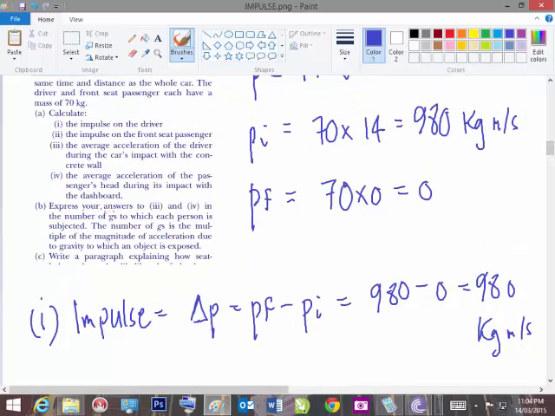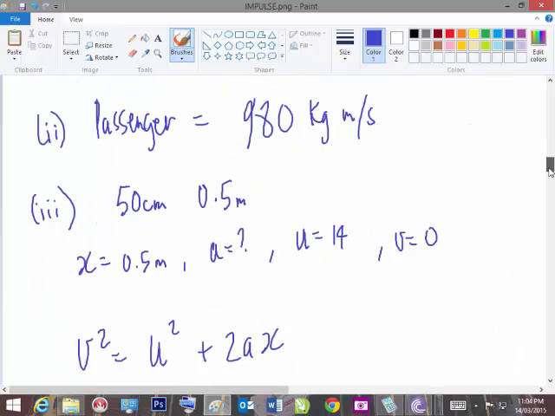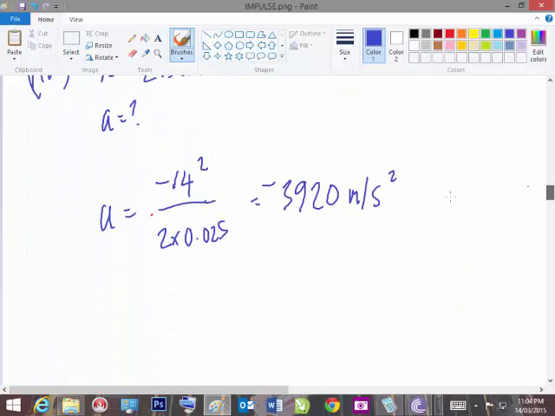Right, express your answers to questions 3 and 4 in number of g's to which each person is subjected. The number of g's is the multiple of the magnitude of acceleration due to gravity. So imagine gravity is equal to 10 meters per second squared.